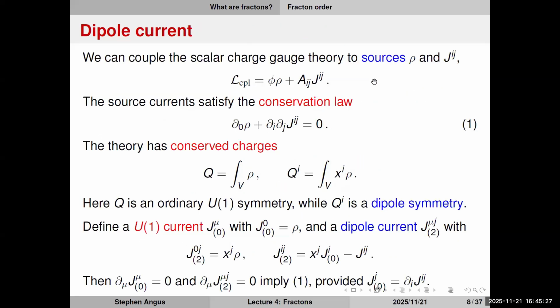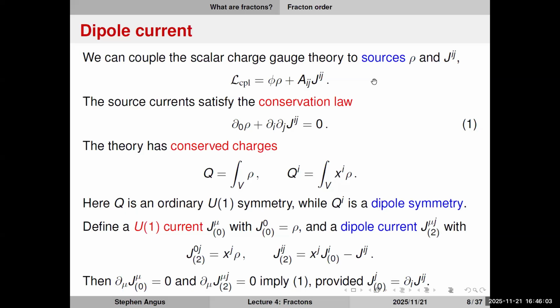And then if we want to couple this theory to sources, if we consider some density rho and some current Jij, which has two indices, we can introduce a Lagrangian like this. And then there's a slightly unusual conservation law where the time derivative of the density plus di dj Jij vanishes.